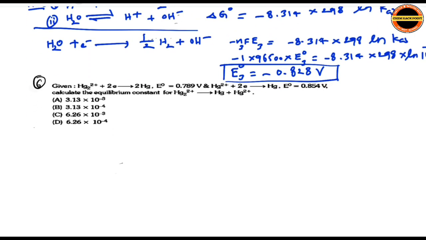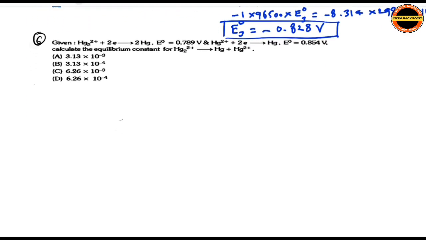Next question. Hg plus 2 plus 2 electrons giving Hg, E naught, and values also given. See the question. Here is the answer: first, Hg plus 2 plus 2 electrons giving Hg, whose value is also given as 0.789 volt.